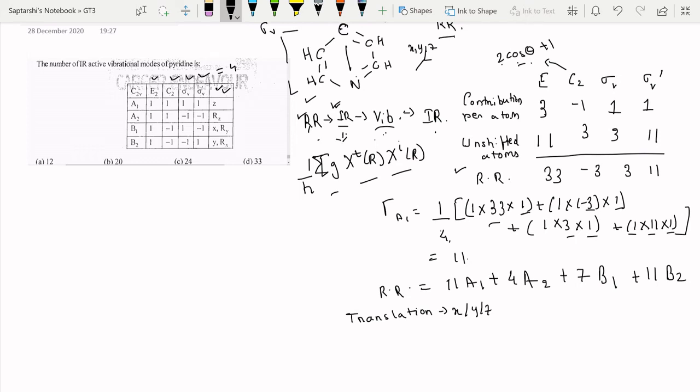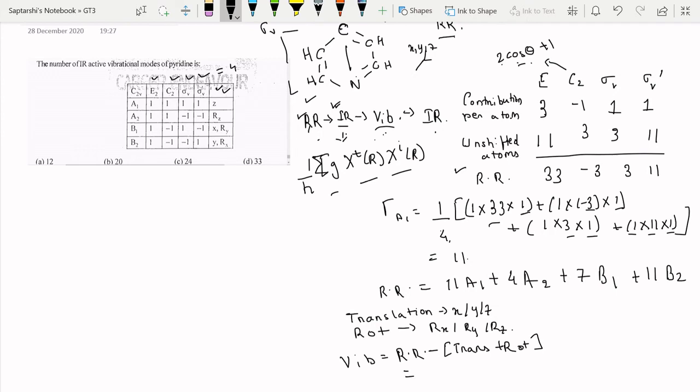Which are X, Y or Z, and rotational are the ones which have Rx, Ry or Rz along it. And vibrational, what we do is we take the reducible representation which we just got and subtract all the translational and the rotational from it.